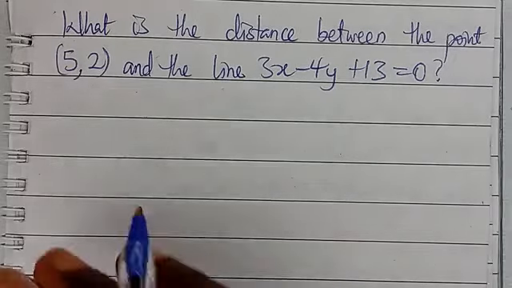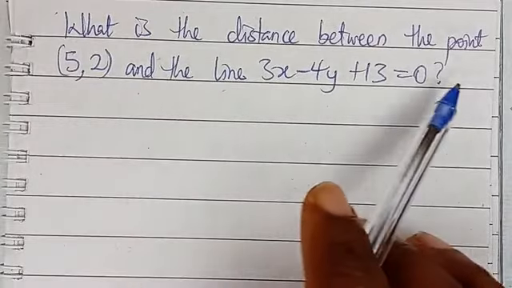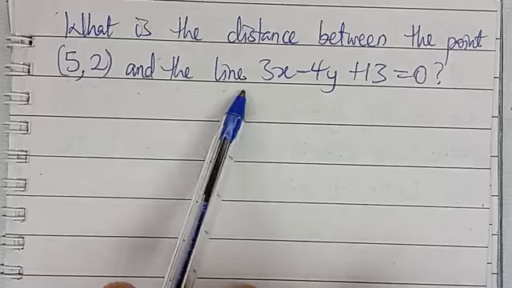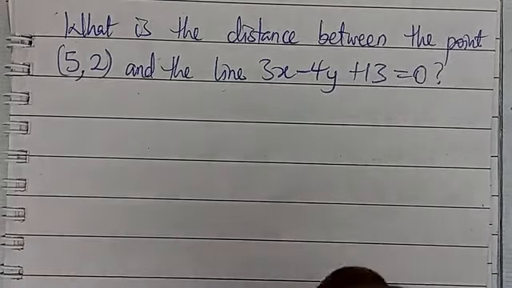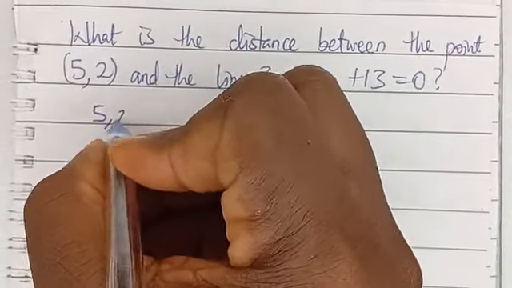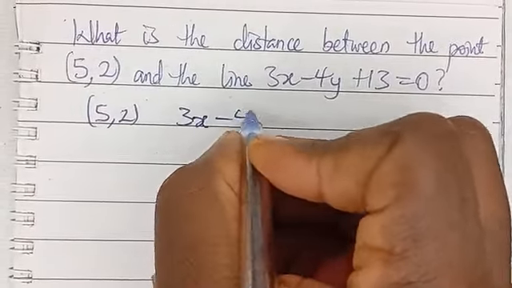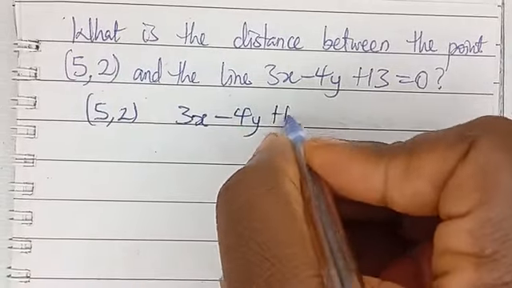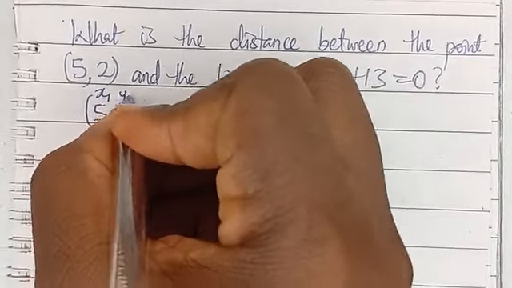Now, to consolidate what we have learned so far, let us solve this too. What is the distance between the point (5, 2) and the line 3x - 4y + 13 = 0? The first thing we do is write out the parameters: 5, 2 is x1, y1.